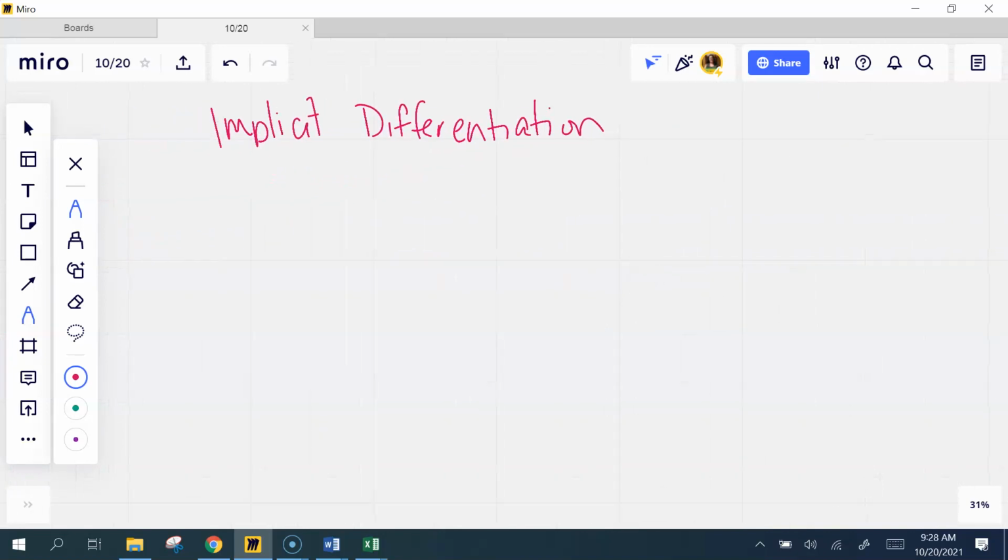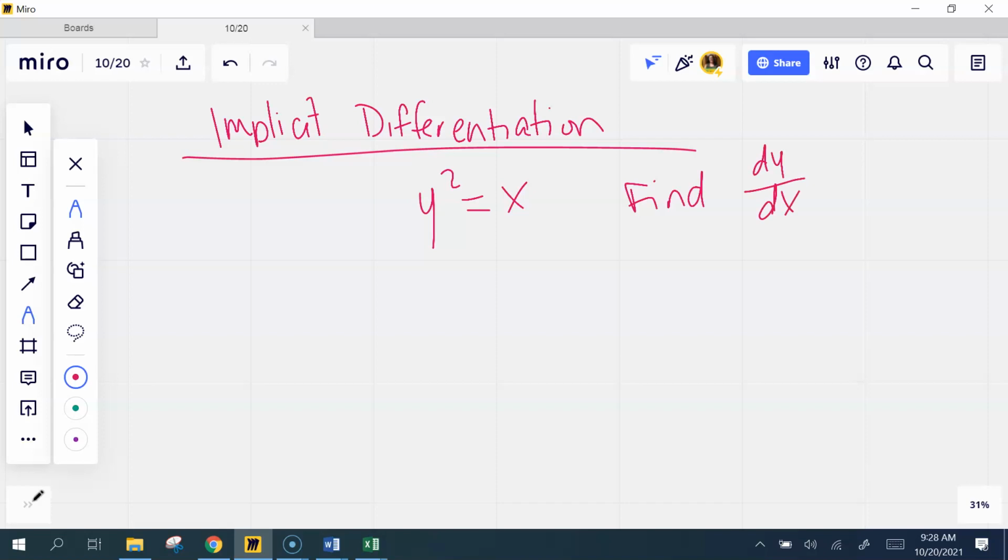Okay. So we're going to have something like this that says find dy dx. And I think you'll see why when we were deriving before with respect to a different variable, how that comes into play here. So what we're going to do. Put it as x to the 1/2.